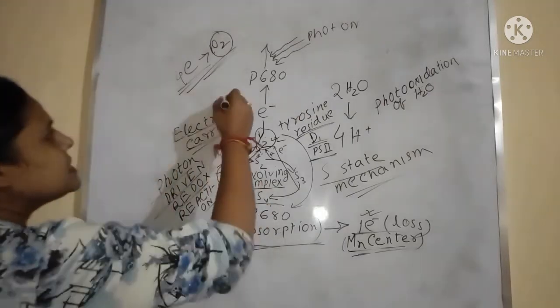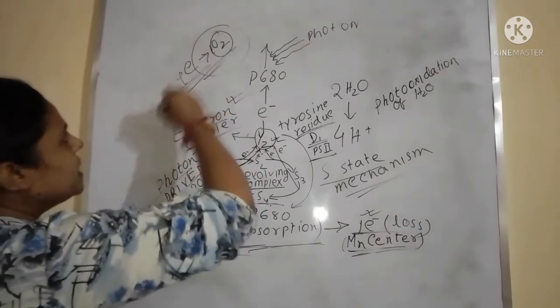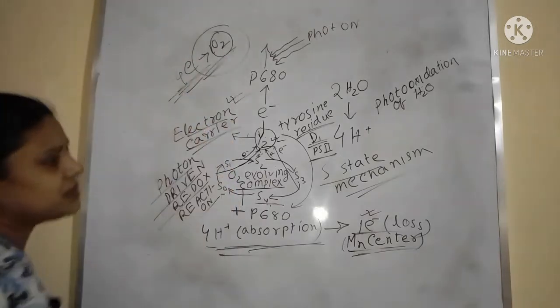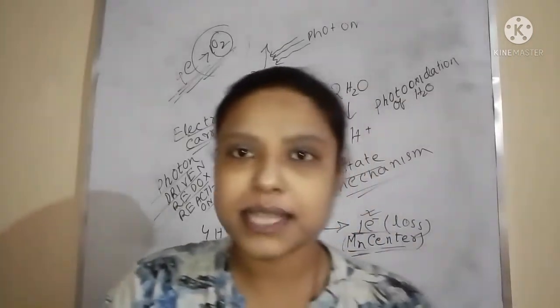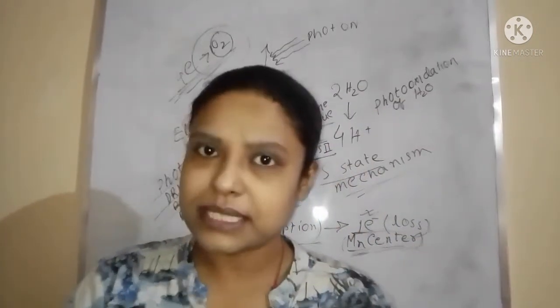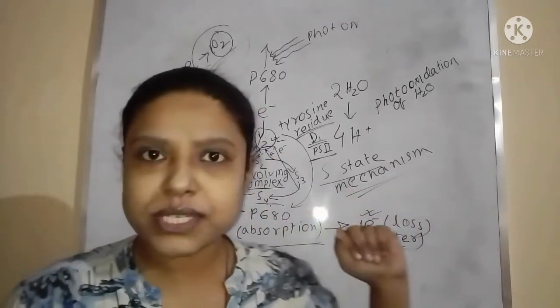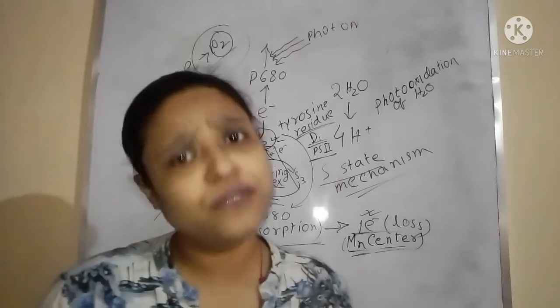Clear? So this is the formation of oxygen and how the electrons are utilized for oxygen production. In the light reaction, we understand how ATP is synthesized, how oxygen is produced, NADPH formation, and the electron flow.